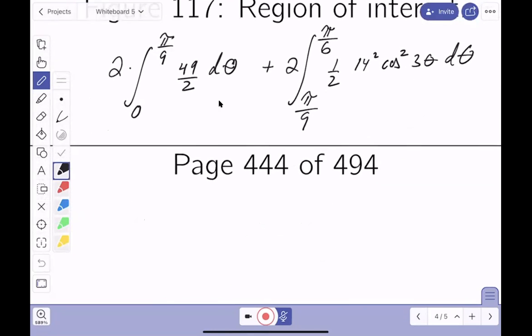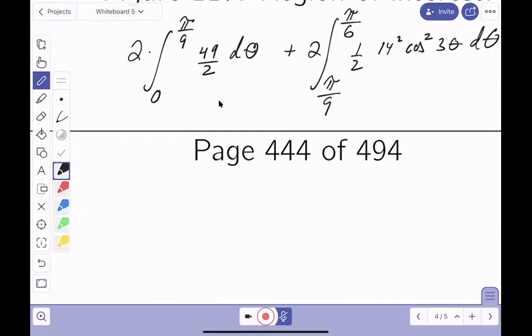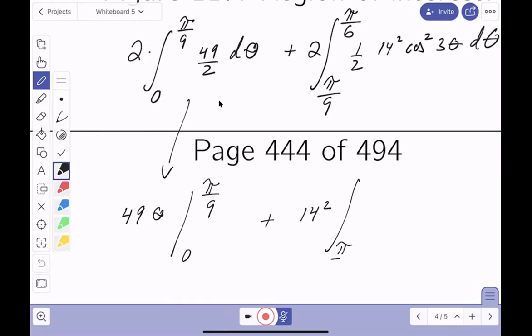Okay, let's simplify it a little bit. What do you get for the first one? Again, I'm going to do this integration over here. This would be 49, the 2's cancel, theta from 0 to pi over 9. What's this going to be? Plus 14 squared, from pi over 9 to pi over 6.